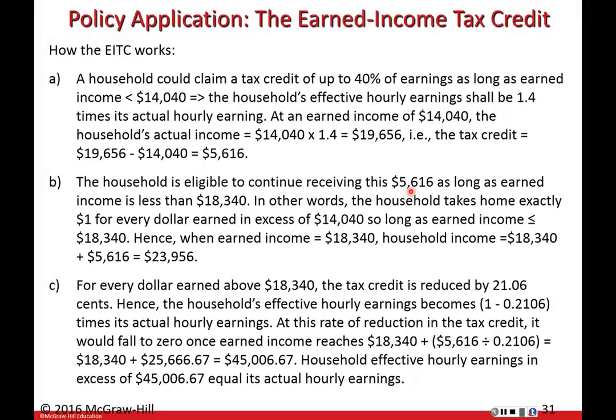The household continues to receive this as long as earned income is less than 18,340. In other words, between earned income of 14,040 and 18,340, for every dollar earned, the household takes home that entire dollar.